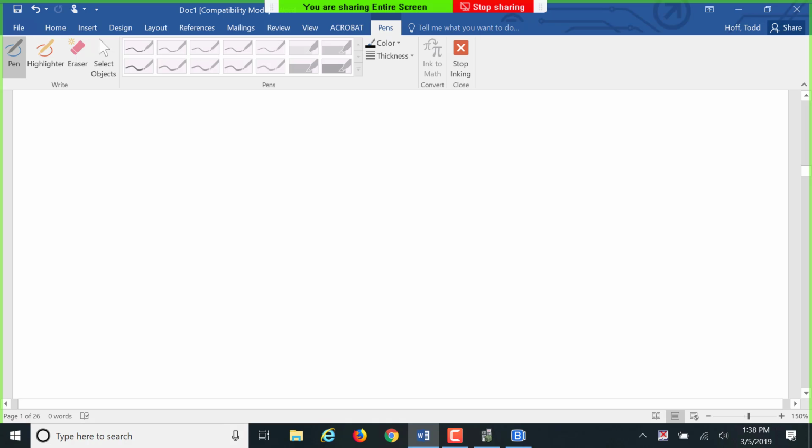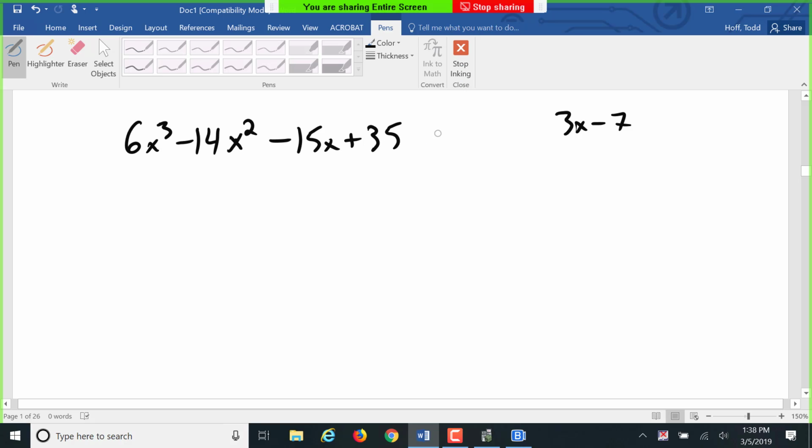Now we had that grouping that we did. And when we did these groupings, we factored the first one and then the second one.